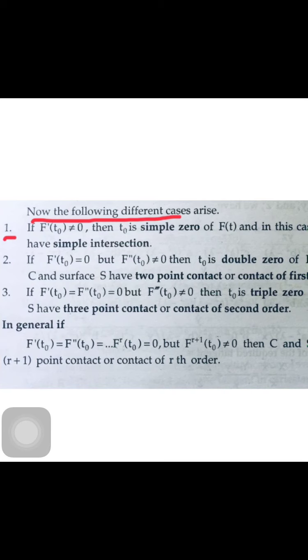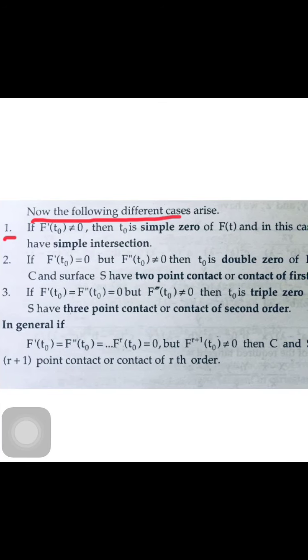So we generalize it up to n order: if f(t0) is equal to f dash t0 is equal to, and so on, f^r(t0) is equal to 0, but f^(r+1)(t0) is not equal to 0, then C and S are said to have (r+1)th point contact or contact of rth order.